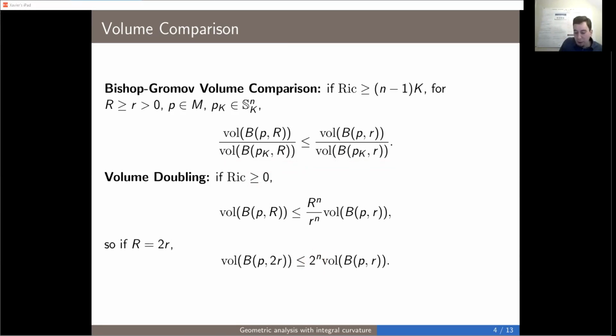In general, volume doubling is still true for positive curvature, and then this constant would depend on the curvature and on the dimension, but it wouldn't depend on anything else. That means that, independently of what manifold you're picking, you can always compare the volumes of different balls at every point. That's the idea of these kinds of results. We want uniform estimates on things.